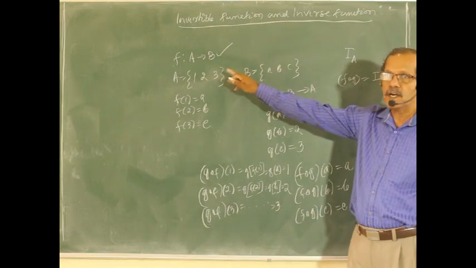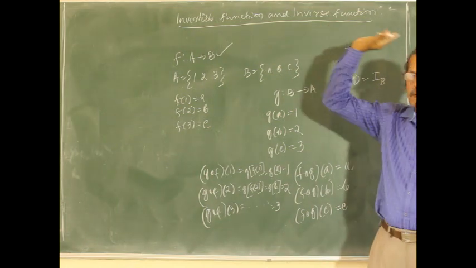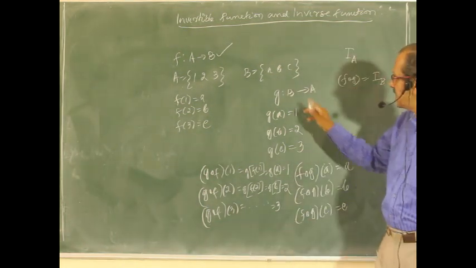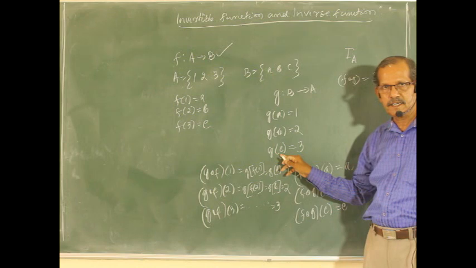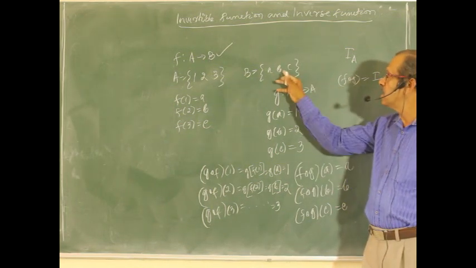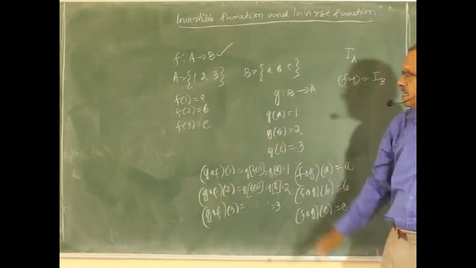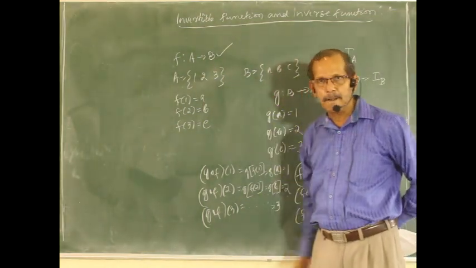Such a function is called invertible. Now here g is called inverse of the function, because it takes every element of B to the original value of A in the first set, elements of the first set A.